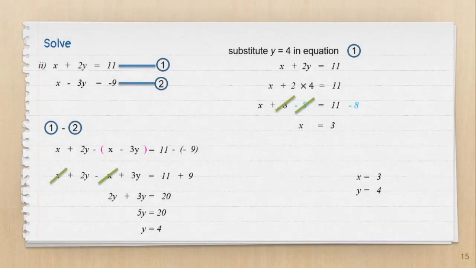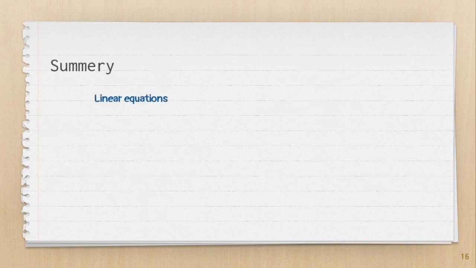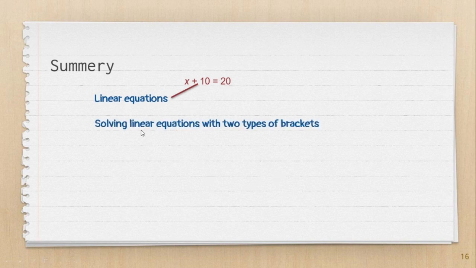Okay students, so far we have discussed all about equations. Let's summarize today's lesson. Our first topic is linear equations and I taught you how to solve this type of equation.